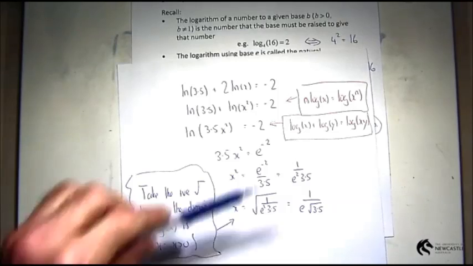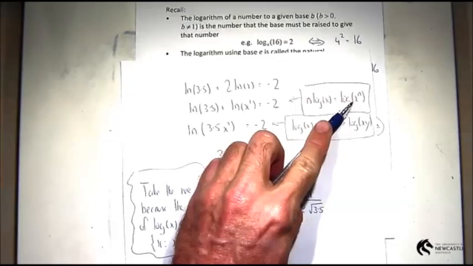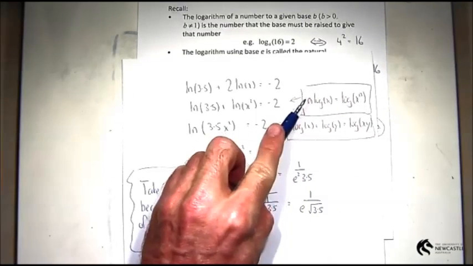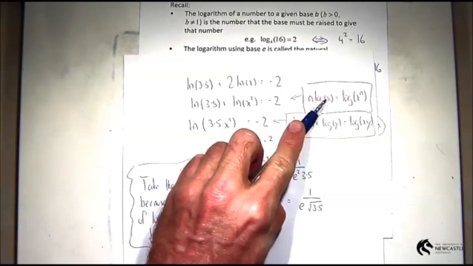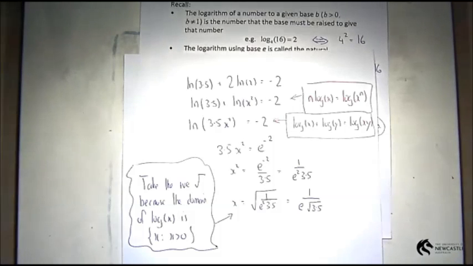I'm going to make use of this log law yet again. This time I've got log base 10 of 2 to the x, so that's going to be x lots of log of 2 to the base 10. So using my log law again, this will be x log 10 of 2.